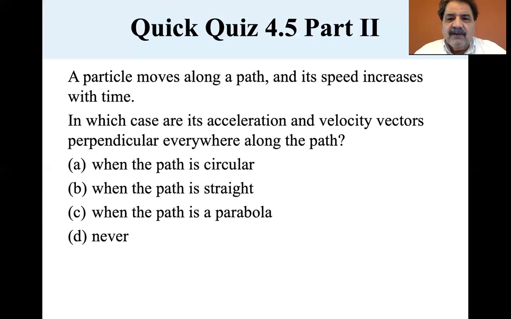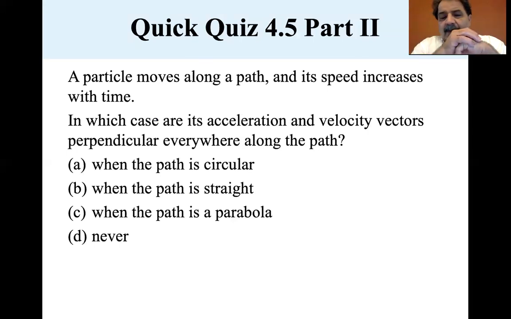Well, in a circular path, the centripetal acceleration and the velocity vectors are perpendicular, but not the total acceleration. If it's straight, they're not perpendicular, they're in line with one another.